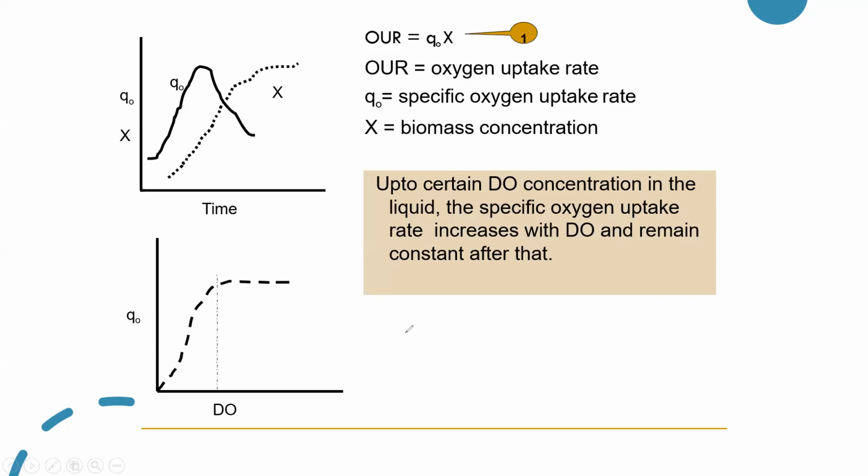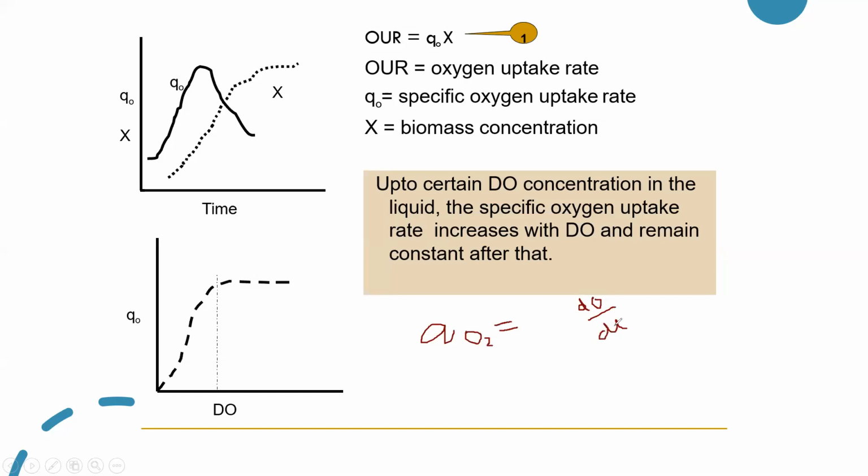QO2 is, look on my screen, my specific rate of oxygen transfer per unit biomass. That means per unit cells. So if I simply write dO upon dt.